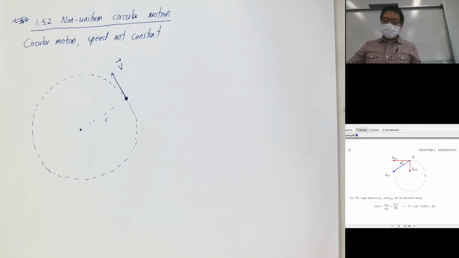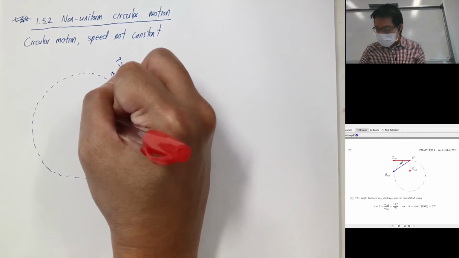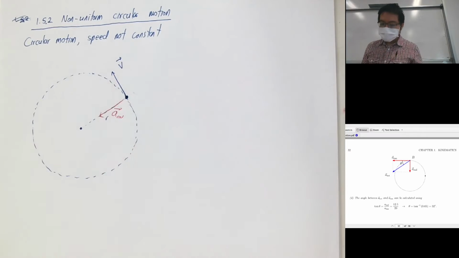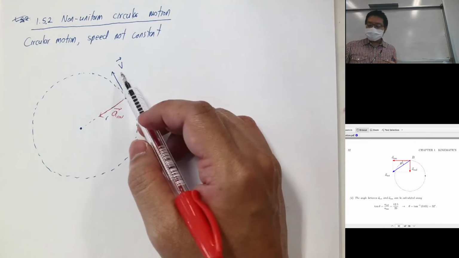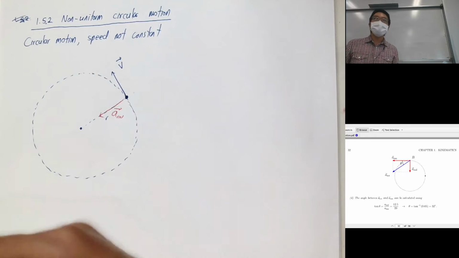Now if the object is moving in a circular motion, there's still going to be a radial acceleration, like this. If it is not moving at a constant speed, then I will have another acceleration.